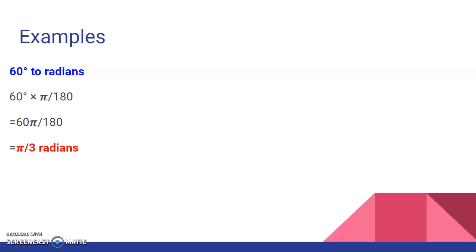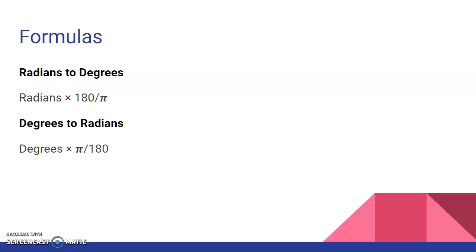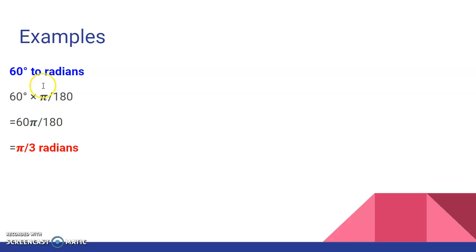If you look at an example here, we have an example of converting 60 degrees to radians. If you look back at the formula, we know that we have 60 degrees, and we have to use this formula because we want to convert from degrees to radians. So all you have to do is plug the 60 in here and solve to get your radians.